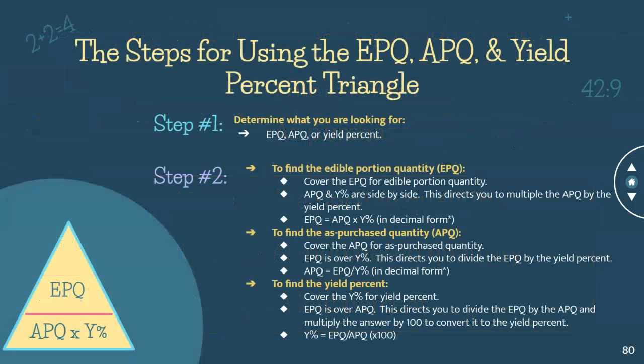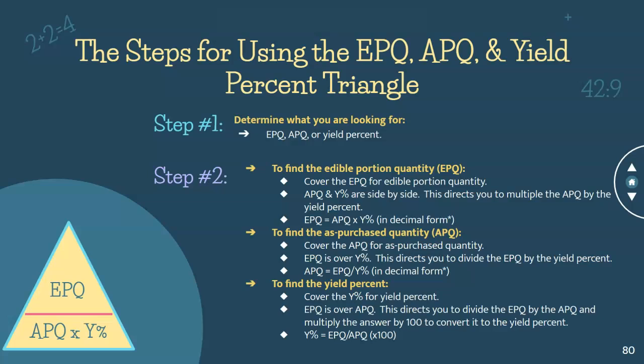So, steps for using the EPQ, APQ, and yield percent triangle. This is how you're going to use it depending on what information is provided. Step 1, determine what you are looking for. Are you looking for the as purchased quantity, the edible portion quantity, or the yield percent?